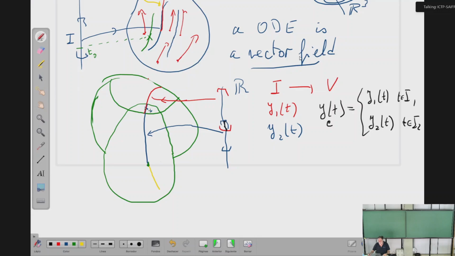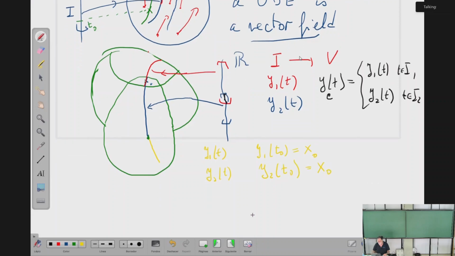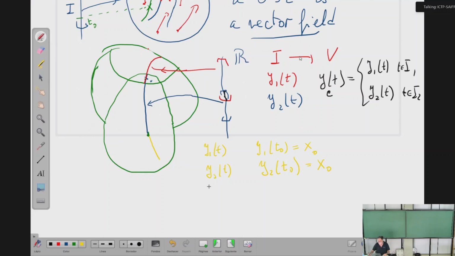Or another way of saying this is: if I have a solution y1 of t such that y1 of t0 is the point x0, and I have another one, y2, such that at this time it is also x0, then there is a neighborhood where they coincide.